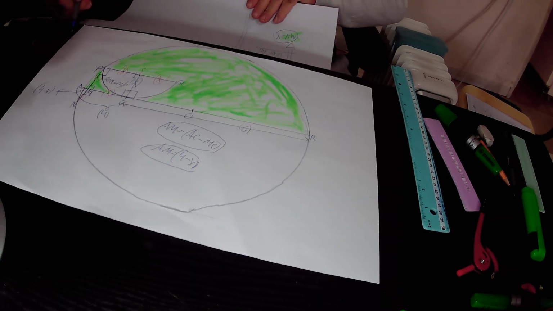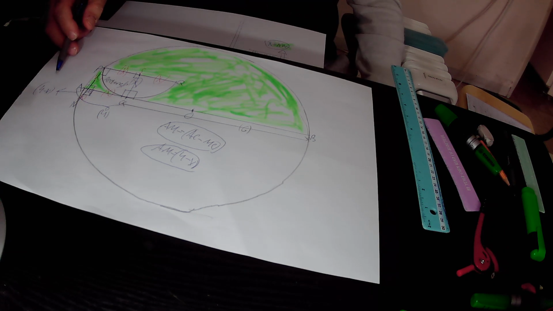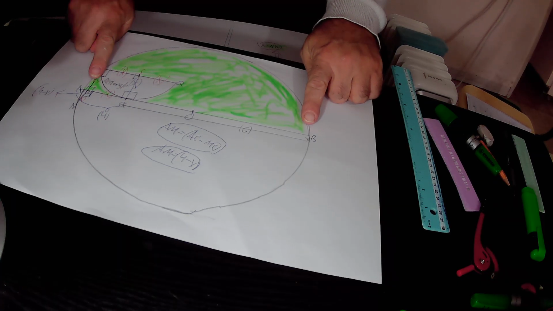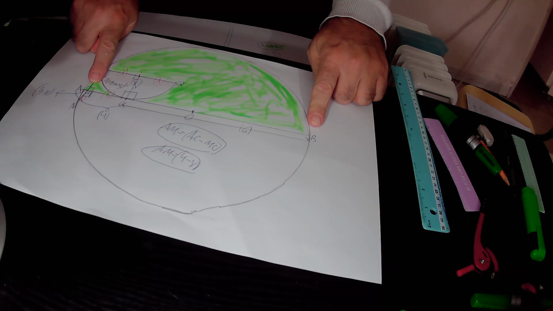We already found out that AM equals 4 minus X units in its length, times MB. What is the value of MB? MB total equals MQ, that is X, plus QB, that is 6. So in total, MB equals X plus 6 units in its length.